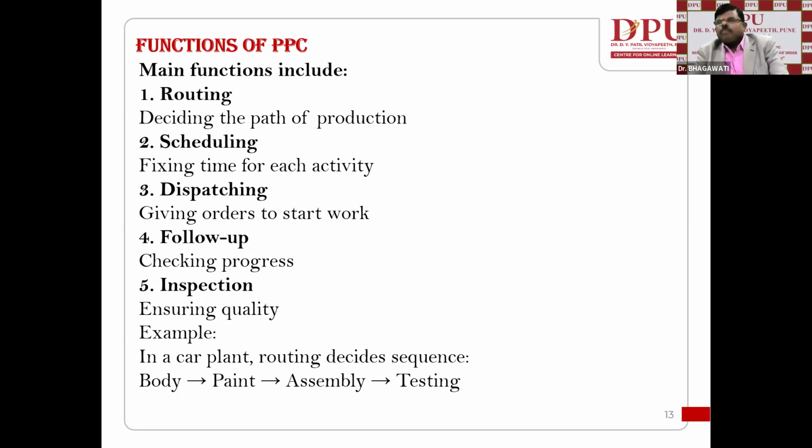Scheduling is the time framework, fixing time for each activity. Dispatching is giving orders to start the work. Follow up is checking the progress: what is planned and what is actually achieved. Inspection is checking whether the product is as per the specification or not.